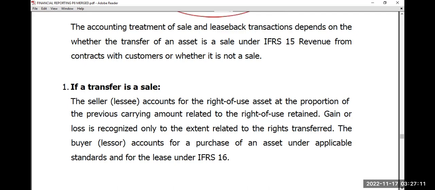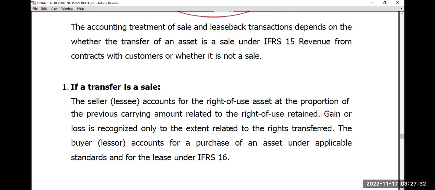So the buyer will account for a purchase of an asset, because you have actually sold the asset. First of all, you are going to recognize the asset. Then the other one is going to recognize an acquisition of an asset.